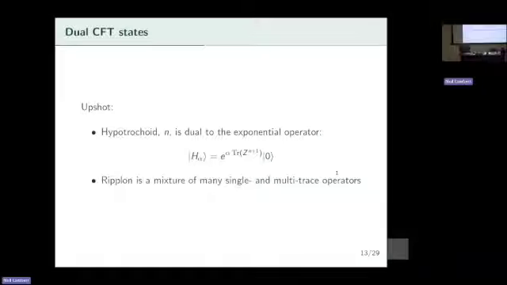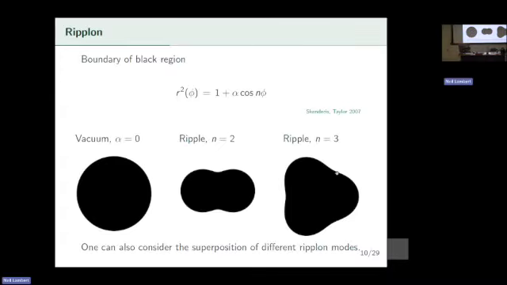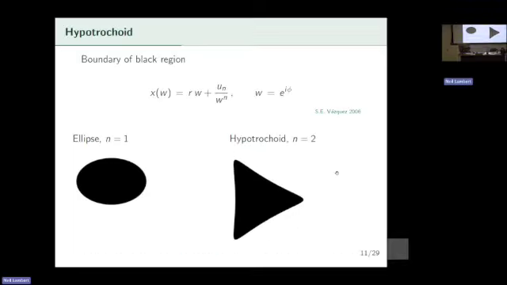For the ellipse, I think alpha can go up to 2, 3. You had the expression r squared is 1 plus alpha cos. You mean here? Yeah. Well, this one is a Riplon. It has a different parameterization. So the alpha for the Riplon may not be the same as the perturbative parameter for this curve.